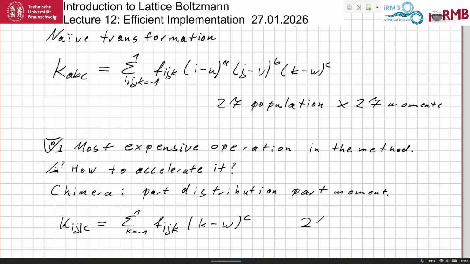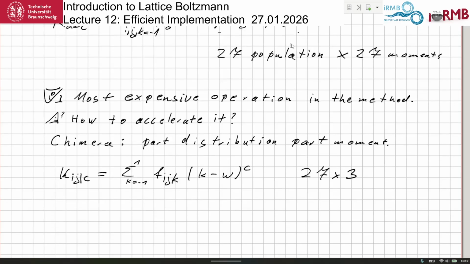So what we are doing here is 27 times 3. And again, this is still less than what we did above because we only have this polynomial in one direction here, not the entire thing that we had here. If we just count how many sums we are doing, we do 27 times 3. Now we continue this by integrating in the y direction.